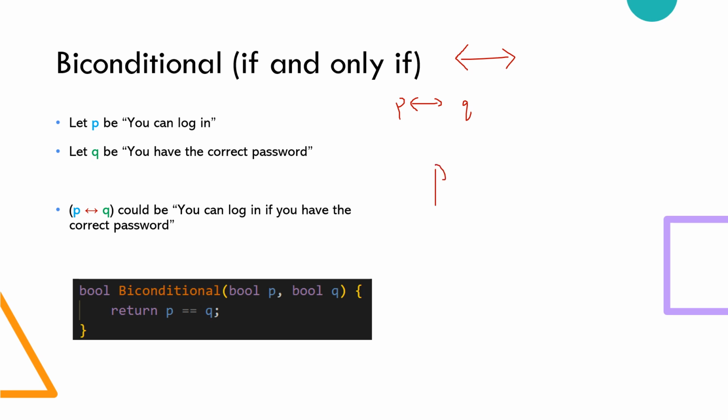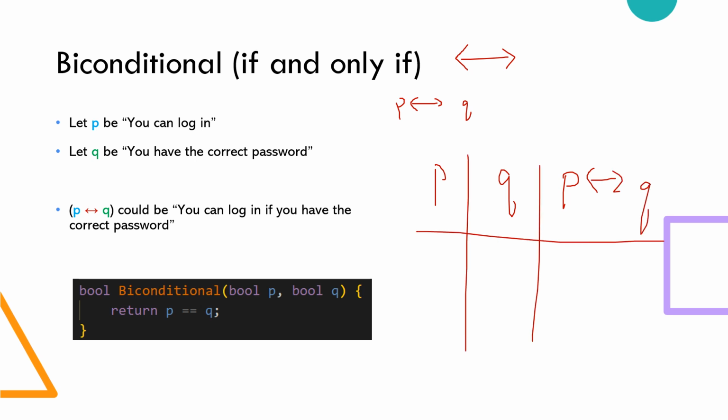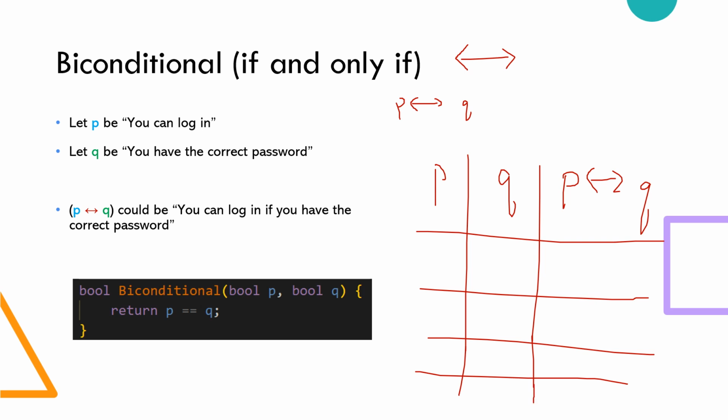Let me draw a quick truth table. P is true, Q is true, Q is false, false, false. So let P be you can log in and Q be you have the correct password.